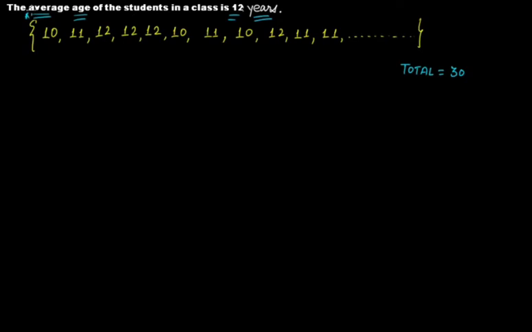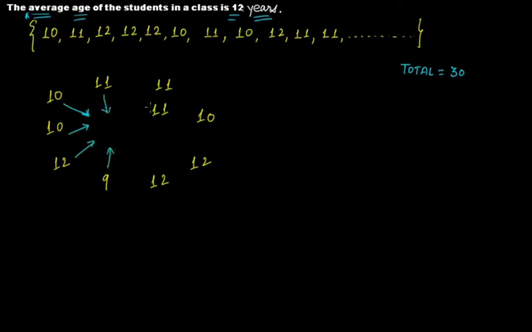This average tells us that if we take all these values, like 10 years, then 11 years, then 11 years, some are 10 years, some maybe 9 years, then 12 years, again 12 years, 12 years, then 10 years, then 11 years, and so on, then they all will point towards a value, or these values will represent one thing.